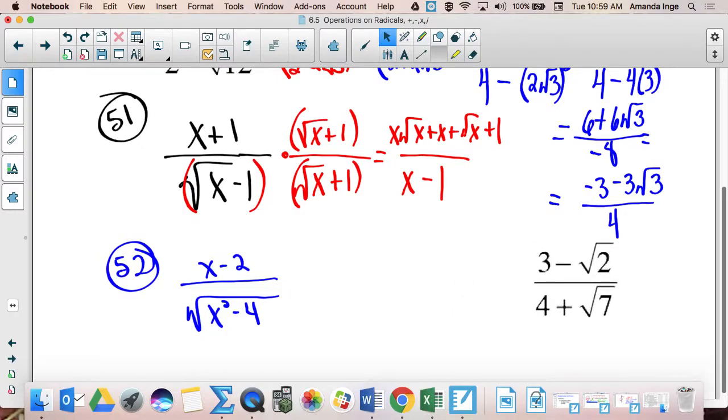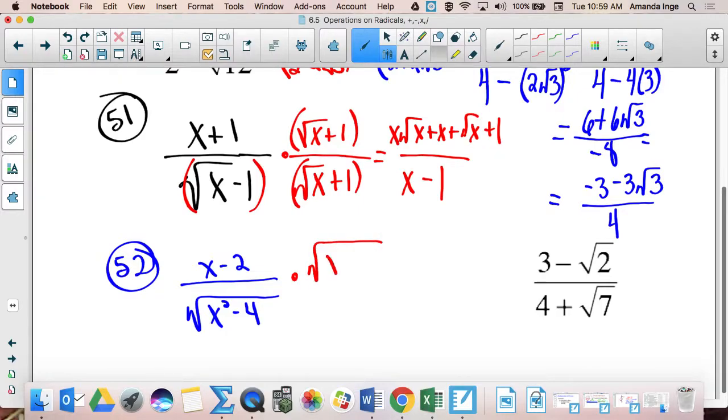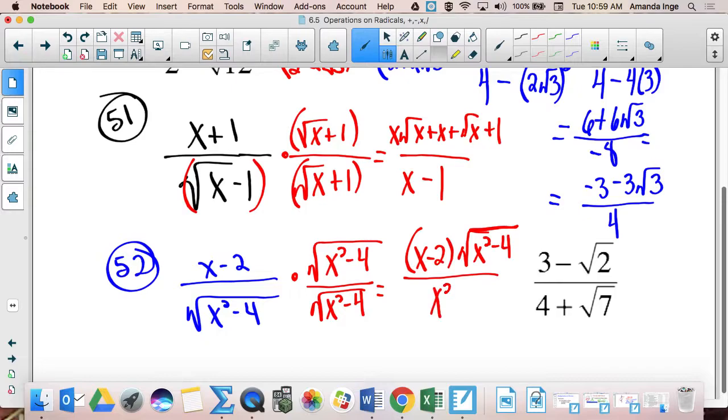Okay? So we're going to just multiply by the square root of x squared minus 4 over the square root of x squared minus 4. And when we do, we get x minus 2 times the square root of x squared minus 4 over x squared minus 4.